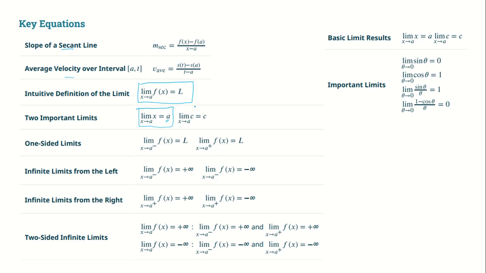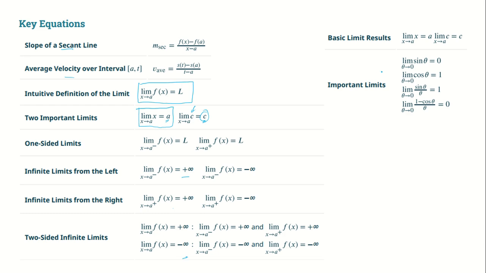If there is a constant function, it does not depend on what x approaches, we get the constant term. Then one-sided limit, infinite limit, infinite limits from the right and from the left, and two-sided limit.